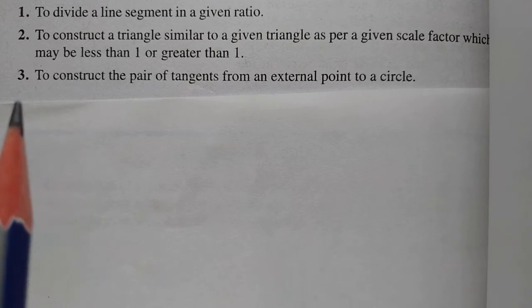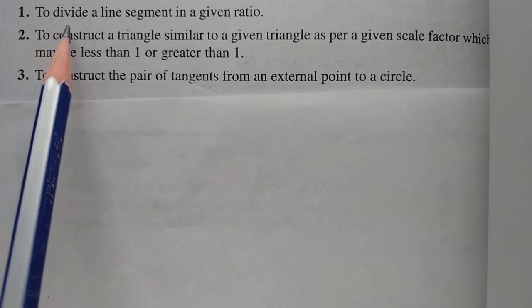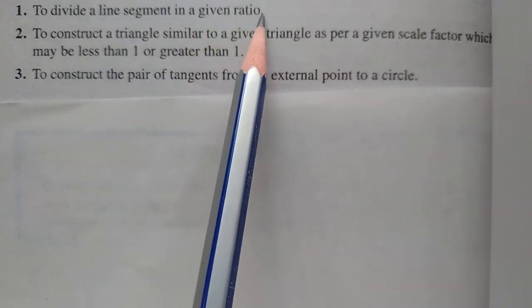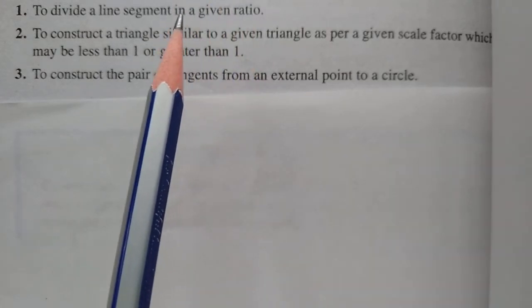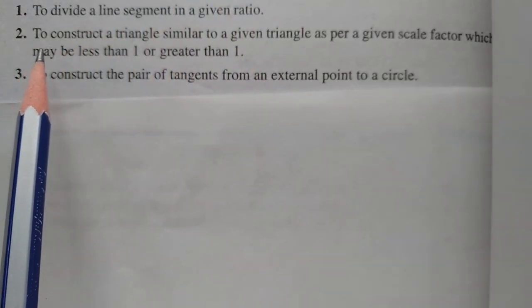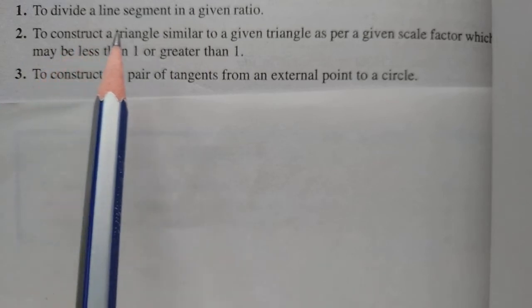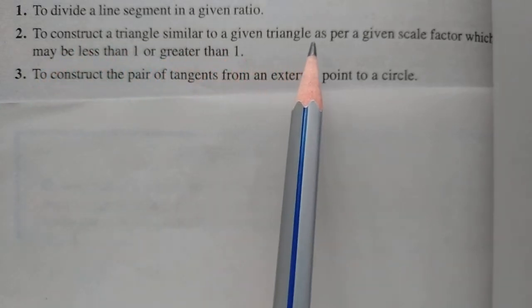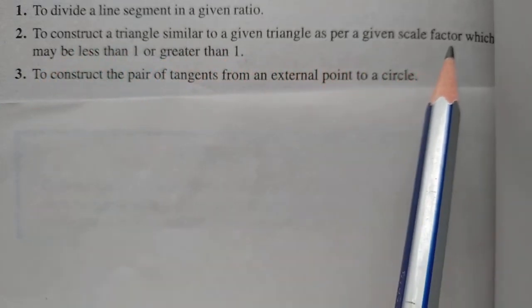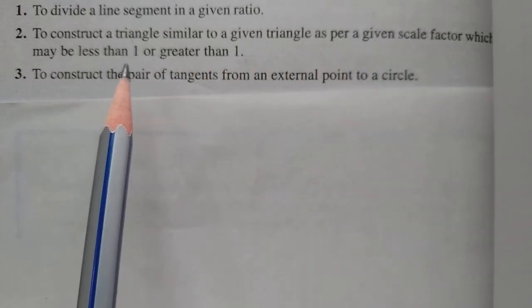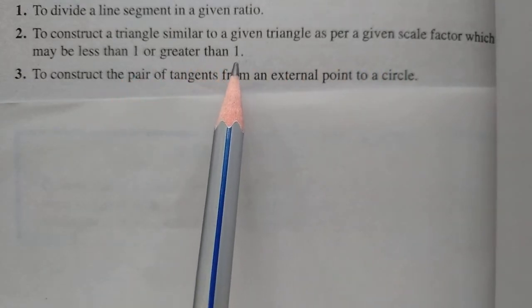Children, in this chapter we will study how to divide a line segment in a given ratio. That is the first type of construction. In the second construction we will learn to construct a triangle similar to a given triangle as per a given scale factor, which may be less than 1 or greater than 1.